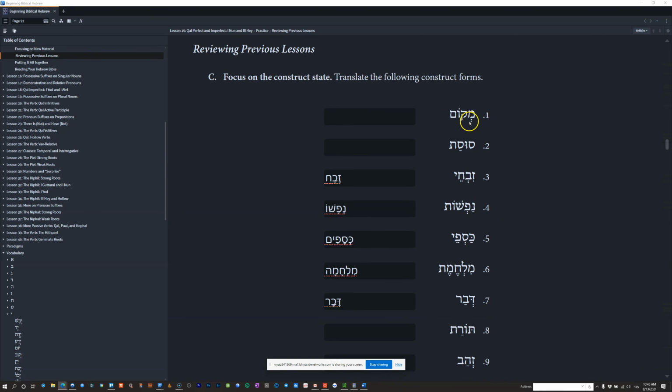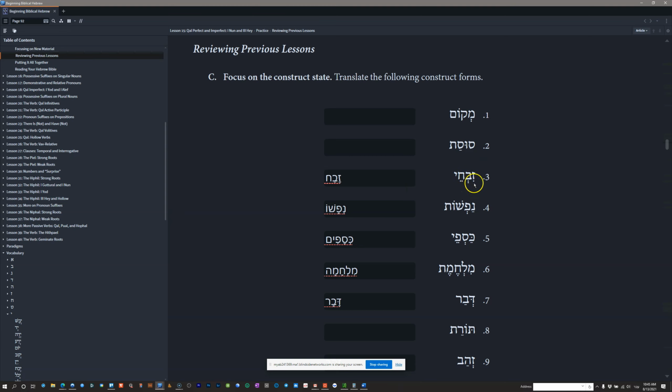So number 1, makom. If this were absolute, we would have a kametz under the mem here. Number 2, we have susat, patach tav, which is our feminine singular construct ending. Susa would be the absolute form. Susot would be plural, and then sus would be masculine singular. Number 3, we've got zivchei. Again, tsere yod here indicates masculine plural of the construct.